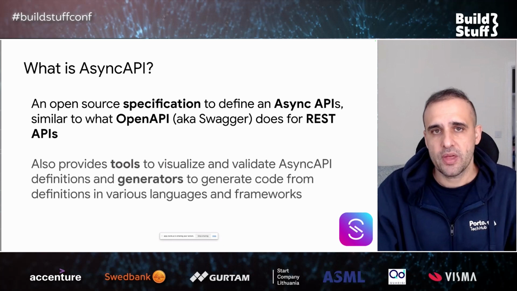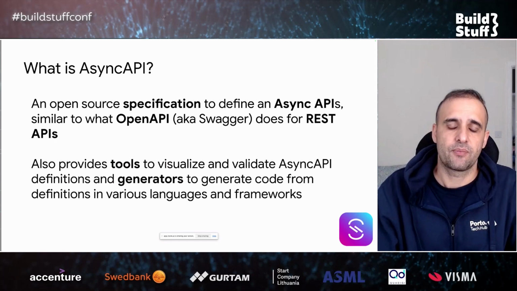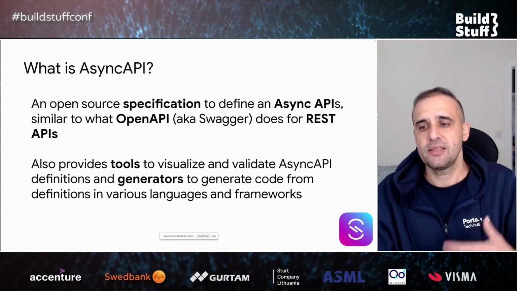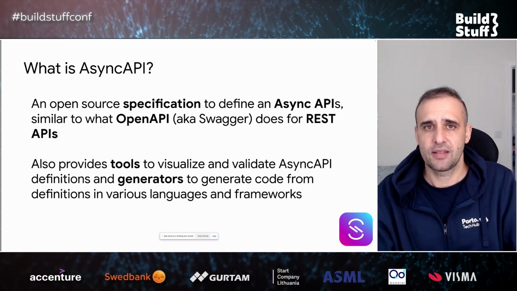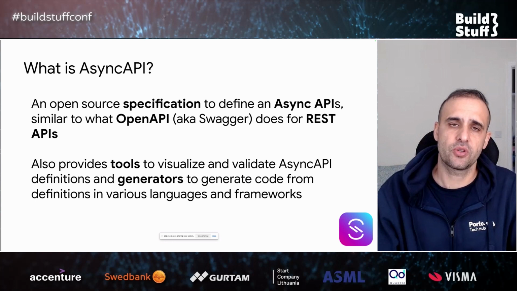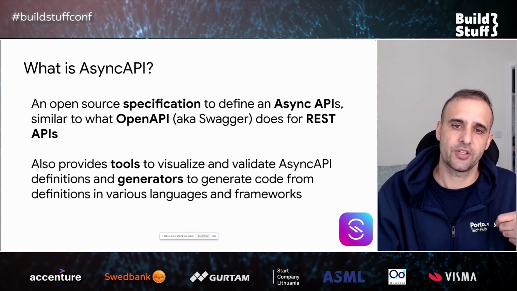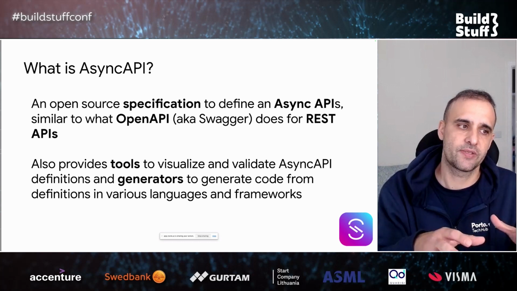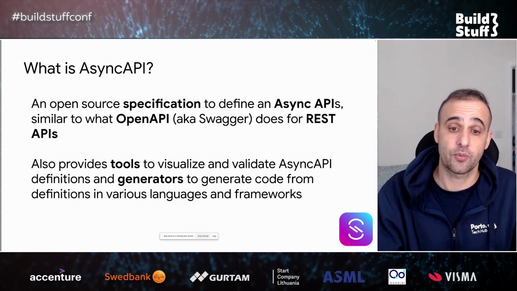And again, it's more than just a specification. It provides tools to visualize your specification and validate and make sure that it's a valid spec. It also gives you generators to generate code from your specification. So you can point to your specification, and from there, it can generate some code for you.